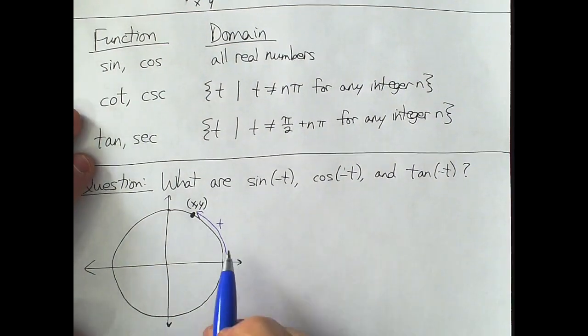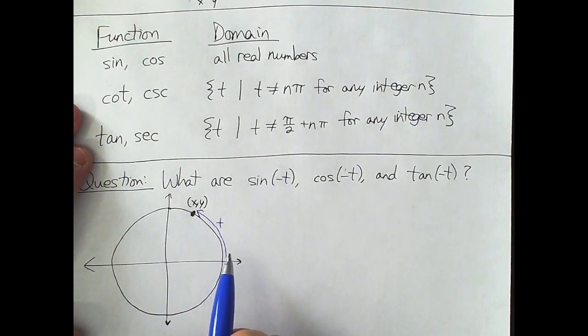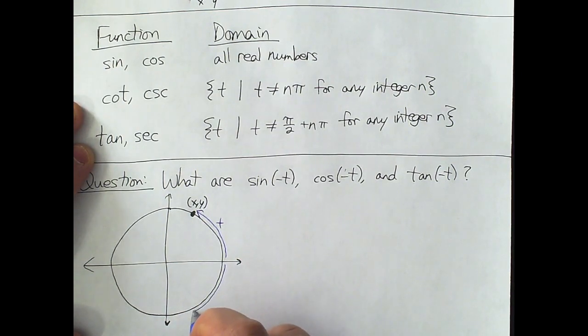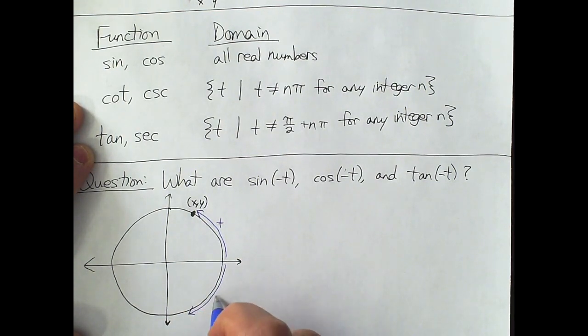Here's what I'm going to do. If what I just drew is t, then negative t would go the same distance, but in the opposite direction. So negative t looks like this. And that would take me to a terminal point down here.